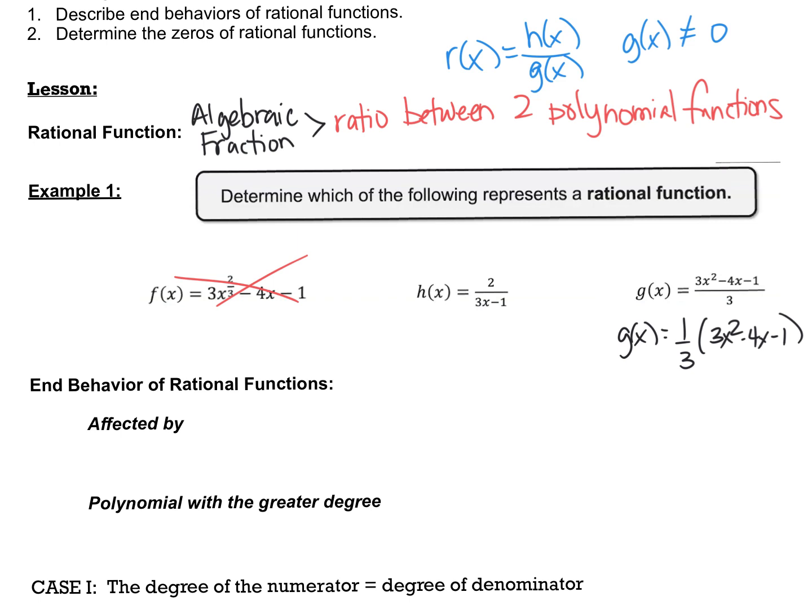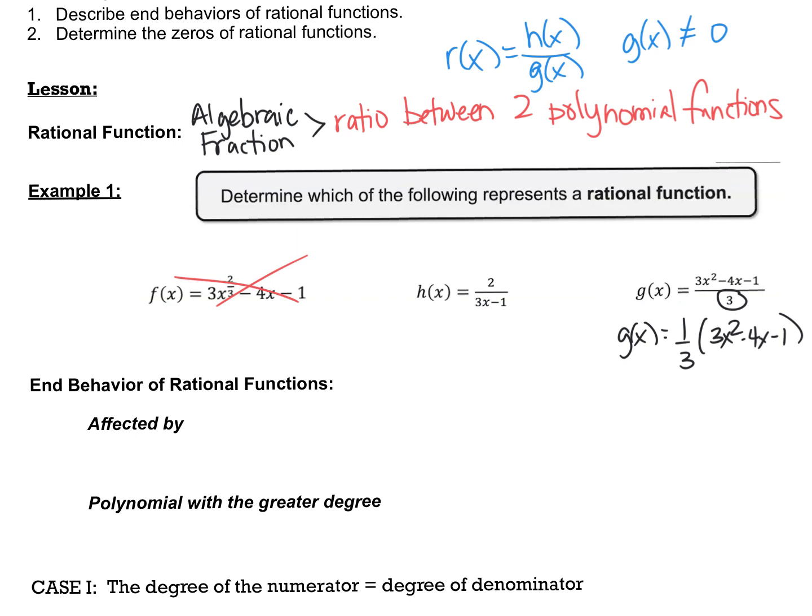So that one's really not rational, because that dividing by 3 is just a coefficient of 1/3. That's what makes it not a fraction. I put that one on there on purpose, all right? It's really easy to think, hey, that's a rational function, I've got a fraction, that must be it, right? But we have to be careful. If you have a constant in the denominator, it is not rational, okay?